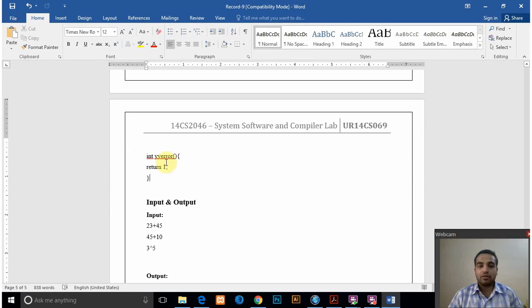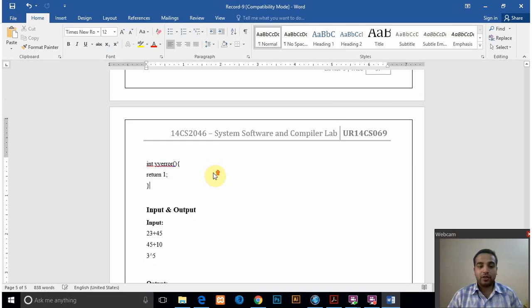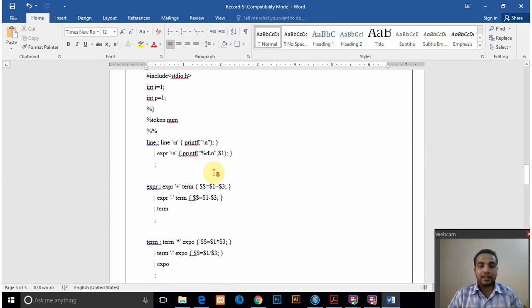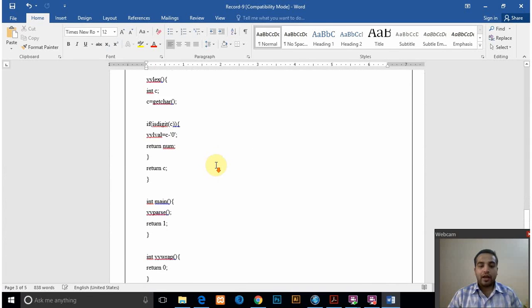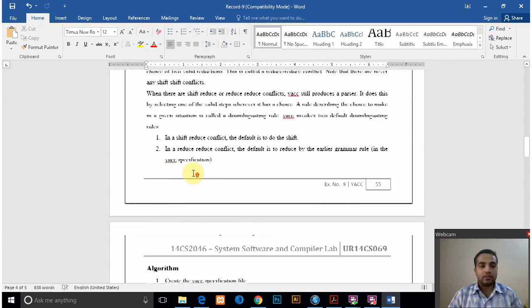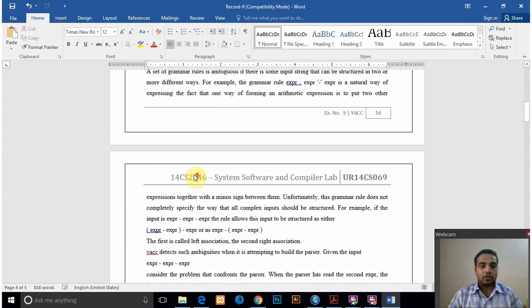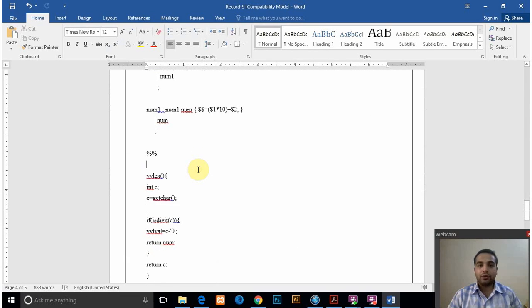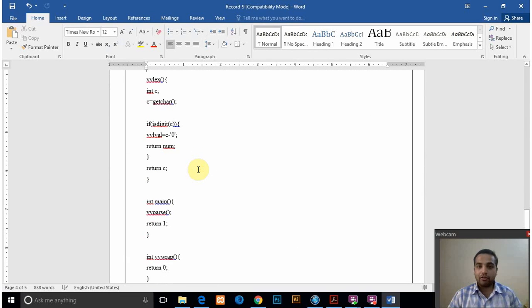That means if we get 1 in the output, we have got some kind of error, and then we have to resolve it. So this is how, using all the declarations, rules, and subroutines we have defined, we can parse any input string and we can calculate it and get the output.